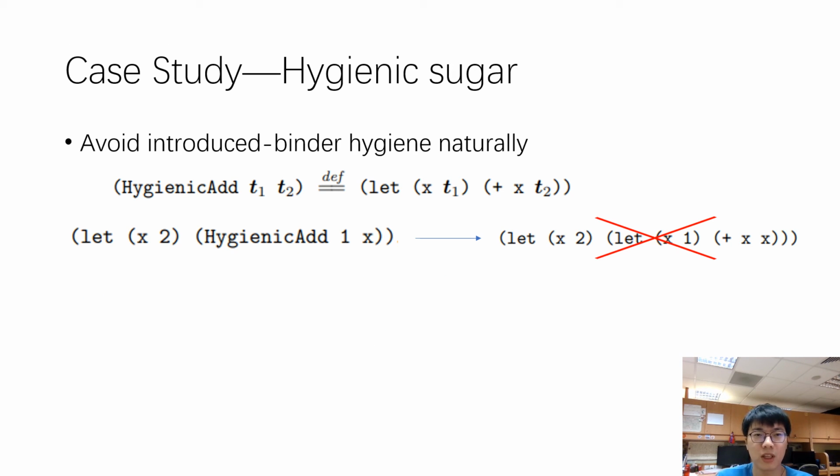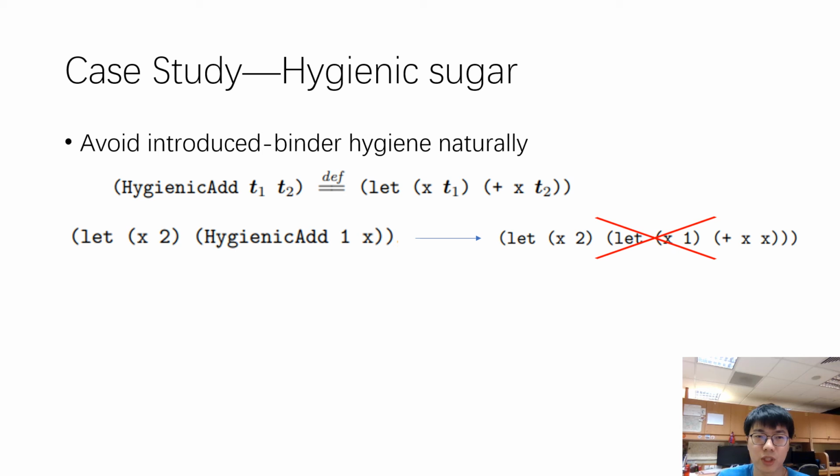Then let's take a look at hygienic sugar. The hygienic macro was proposed by the Scheme folks as a distinguishing feature from Lisp. What I'm showing here is that lazy desugaring can naturally avoid a kind of hygiene issue named introduced binder hygiene.